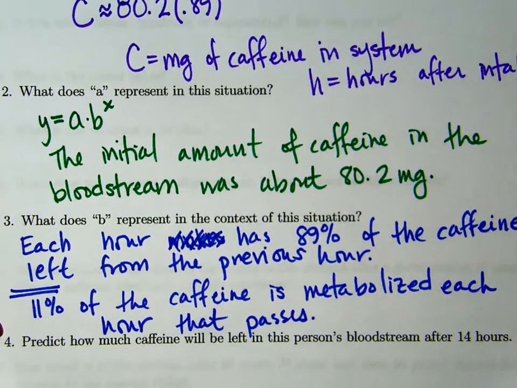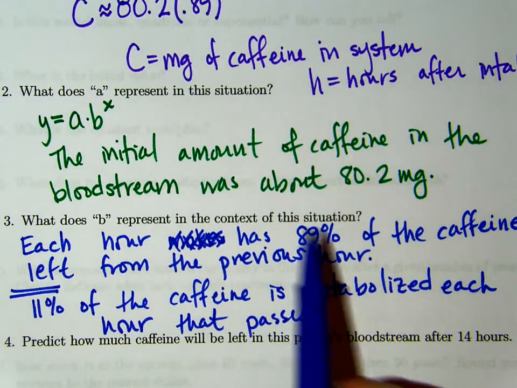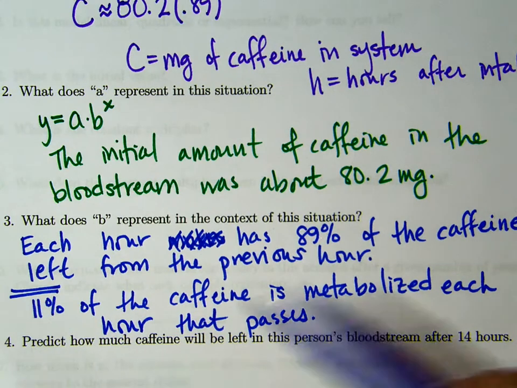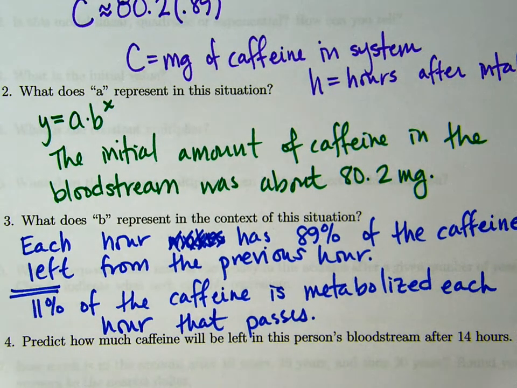Because if only 89% of it is remaining, then that means 11% of it went bye-bye, got filtered, got expended, like burned into energy. It's gone. It's toast.